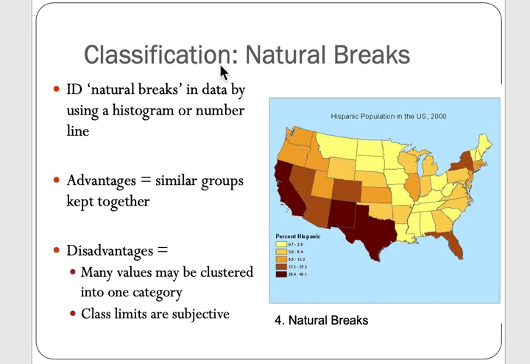The next one is the natural breaks classification. This is the natural breaks in data, found by using a histogram or number line. The advantage of this is that similar groups are kept together. The disadvantages are that many values may be clustered into one category and class limits are subjective.